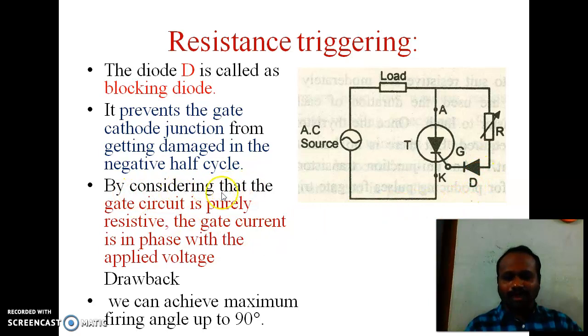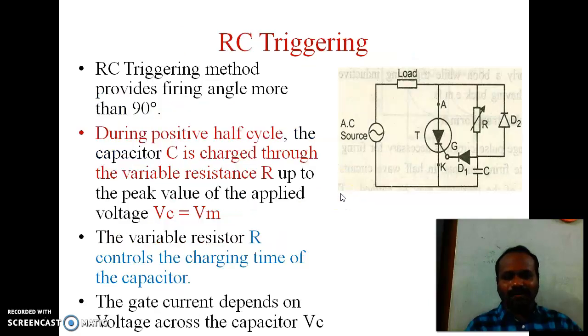So the gate current is in phase with the applied voltage, and it has a drawback. We can achieve only a maximum firing angle of 90 degrees. So this is limited to firing angle of 0 to 90. After 90 degrees, we cannot get the trigger pulse.